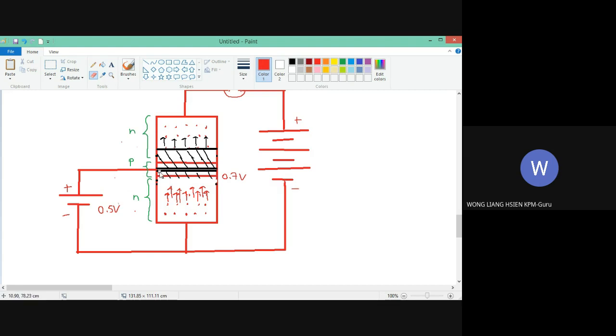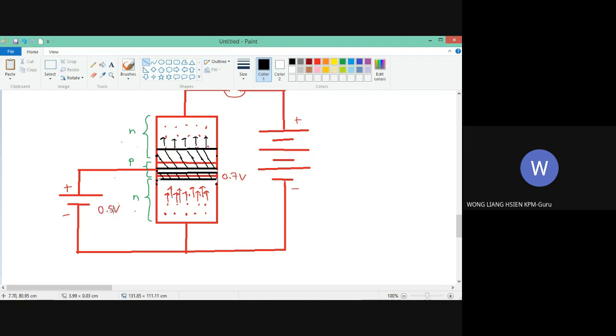So the diffusion layer on this side also shrinks. But there is still a diffusion layer. Why? Because the voltage of this power source is lower than the junction voltage, so it still cannot completely overcome the diffusion layer.